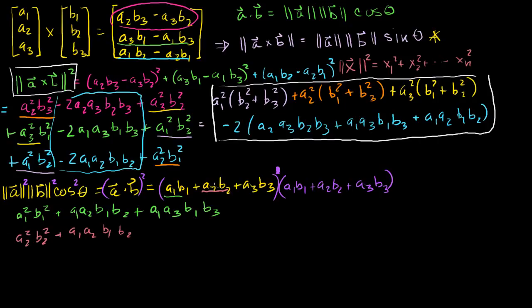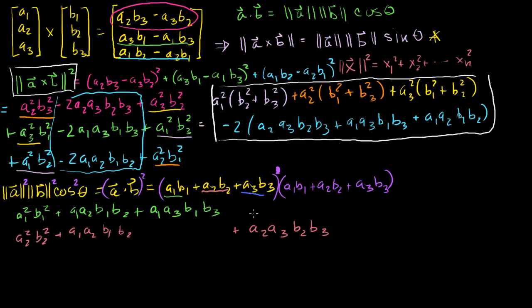And then finally, this middle guy times this third guy. So let me write it over here. Plus a2, a3, b2, b3. Now, we only have one left. I'll do it in this blue color. I have to multiply this guy times each of those guys. So a3, b3 times a1, b1.